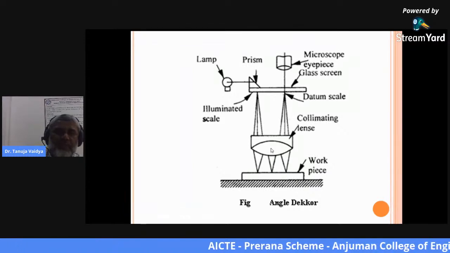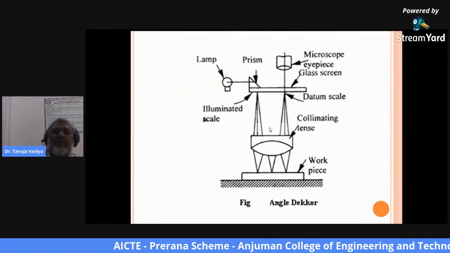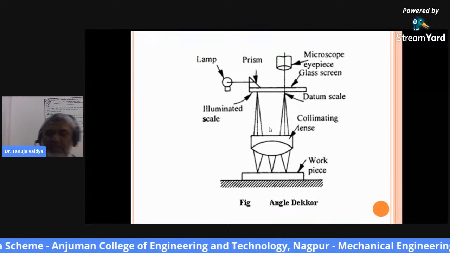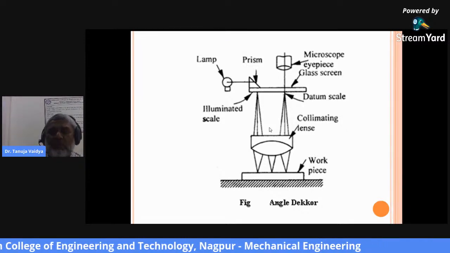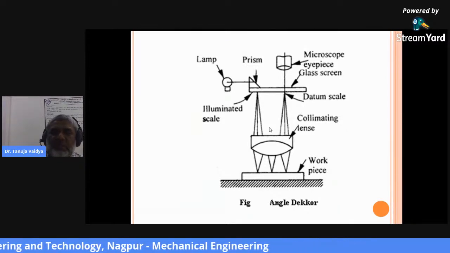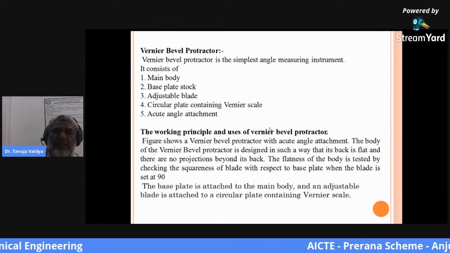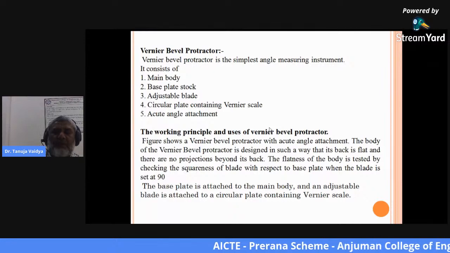When we get the reflected rays, then the various angles or various characteristics of that particular workpiece can be gauged with the help of the angle decker. An angle can be found out.